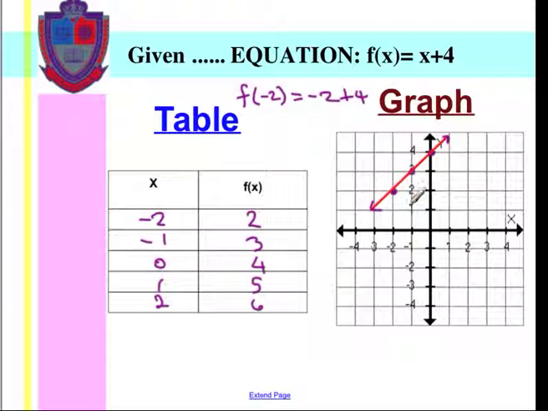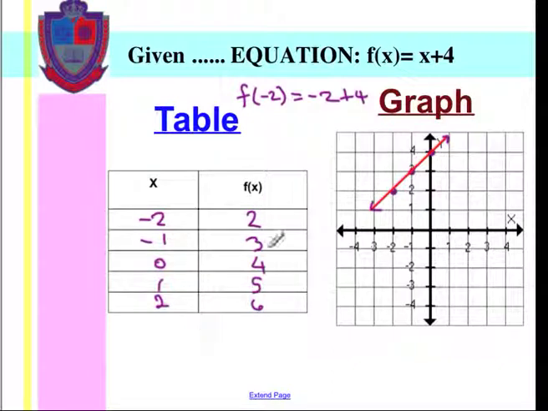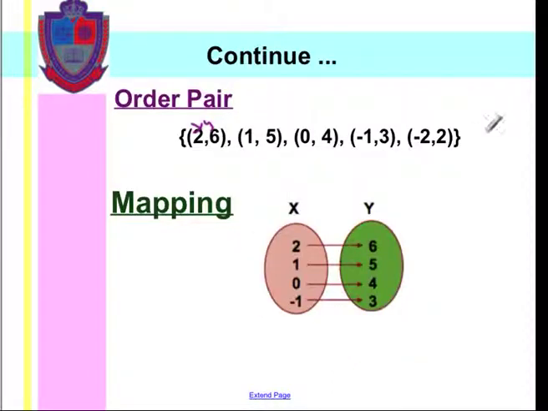So we have 2 more ways to go. I have ordered pair and mapping. Ordered pairs, remember this is my x, my y, my x, my y, my x, my y. Same thing, I'm taking from here and I'm just making it into ordered pairs. Mapping means 2 goes to 6, 1 goes to 5, 0 goes to 4, -1 goes to 3, and I can continue with -2.